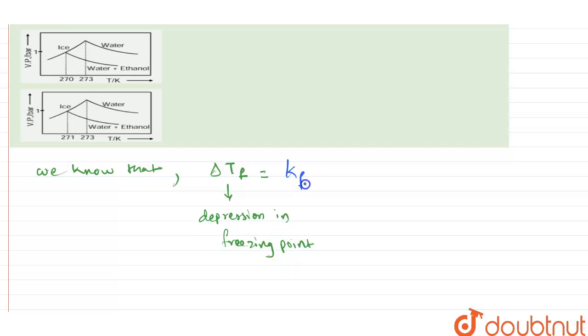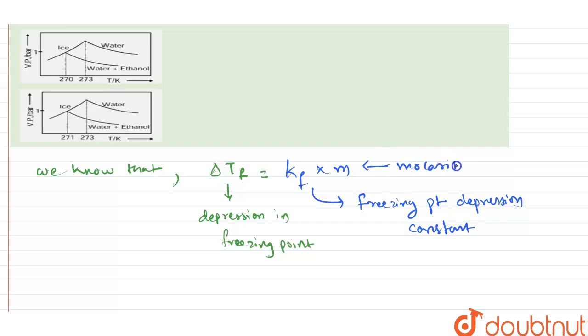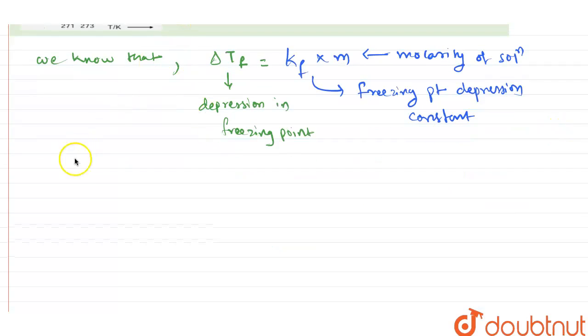The formula is Kf into m, where Kf will be your freezing point depression constant, and the value for m is your molality of solution. So this m can be found out by m is equal to WB by MB, that is your given weight upon molecular weight of the solute, into 1000 divided by the given weight of solvent.